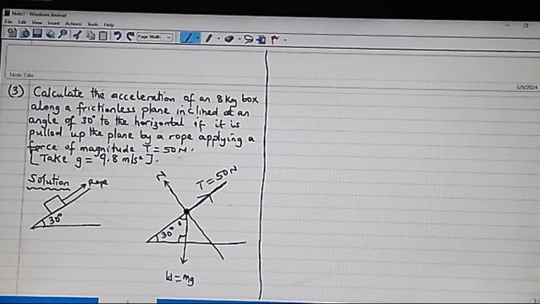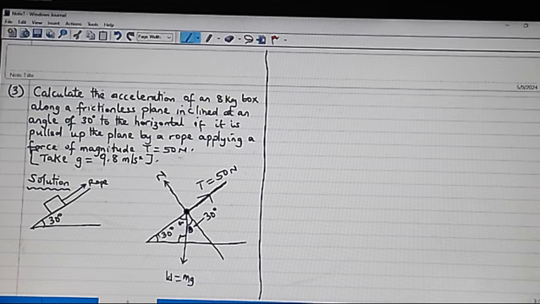If there is 60 degrees and this part is 90, it implies here is 30 degrees. So this is 30 degrees.